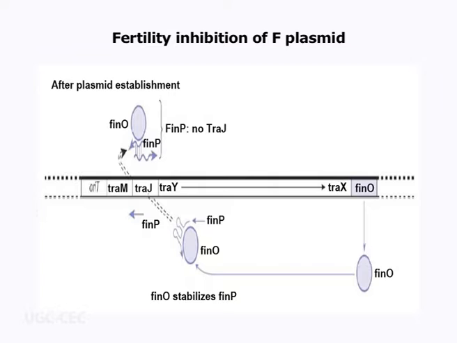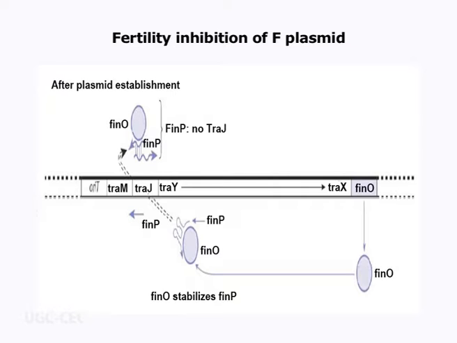So, to control the synthesis of the Tra operon, the transcription activator is prevented by an antisense mRNA called FinP, and this antisense mRNA can execute the inhibitory action if and only if FinO protein is synthesized. But FinO lies downstream of TraX. It means at least one round of Tra genes will be expressed and a conjugation event will take place.